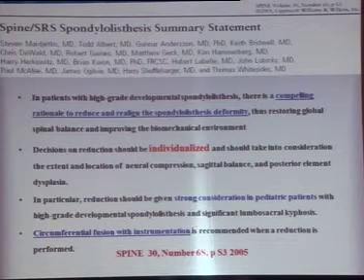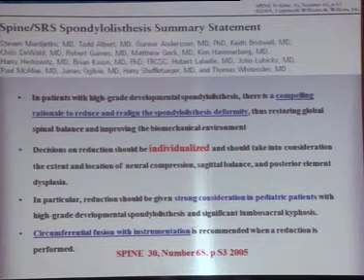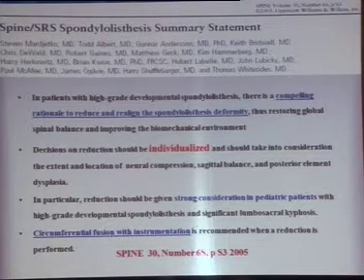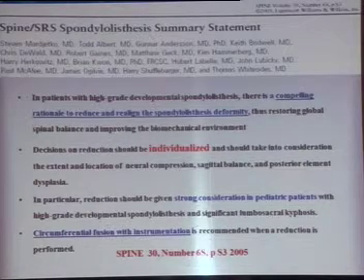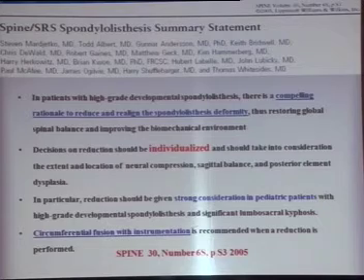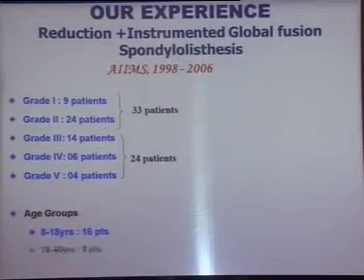And it's a strong consideration, particularly in pediatric patients. And what they also said was that circumferential or global fusion with instrumentation is the ideal way to go about it. So there is your evidence that there is a rationale to reduce and realign these deformities.